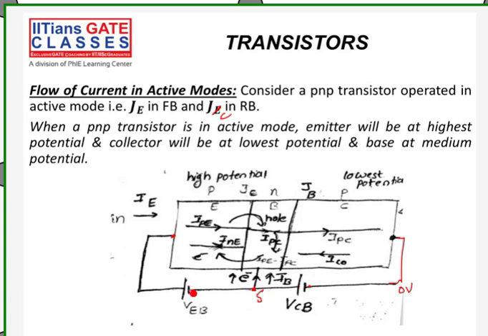And if it is 5 volt, then with respect to this terminal this voltage will be maybe 12 volt. So this voltage source will be of 7 volt in this case. So we can see it is at 12 volt, which is at highest potential, 5 volt, that is the base, which is at medium potential, and the collector is at lowest potential, as I mentioned.